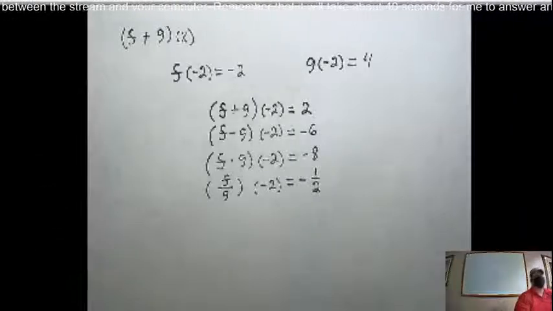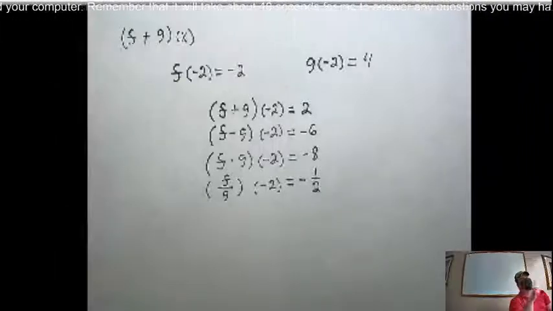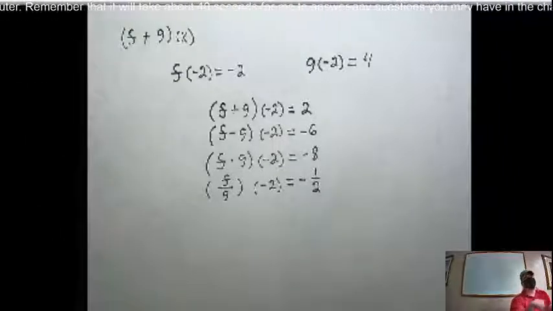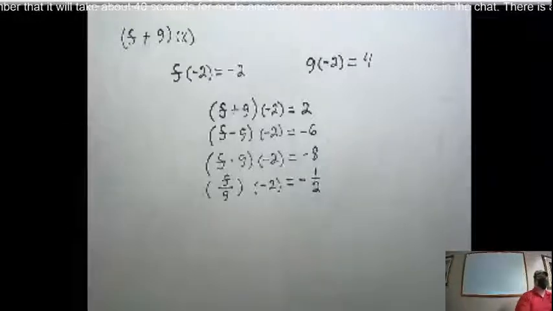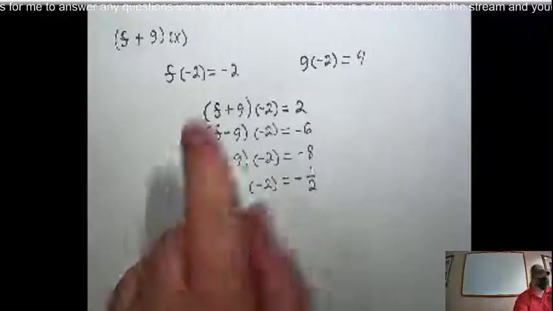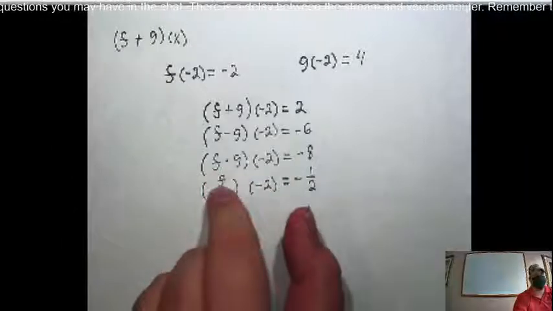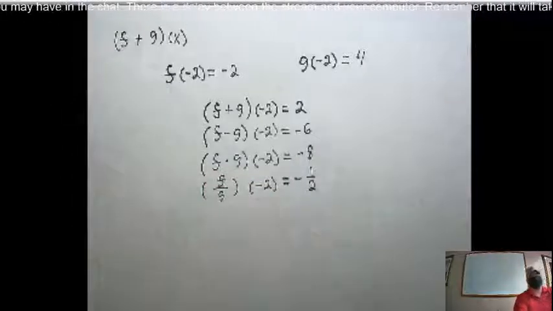Okay? The idea here is that when we're doing f plus g or f minus g or f times g, really what's going on is we're taking the value of f and adding it to the value of g, or subtracting the value of g from it, or multiplying it by the value of g, or dividing it by the value of g.